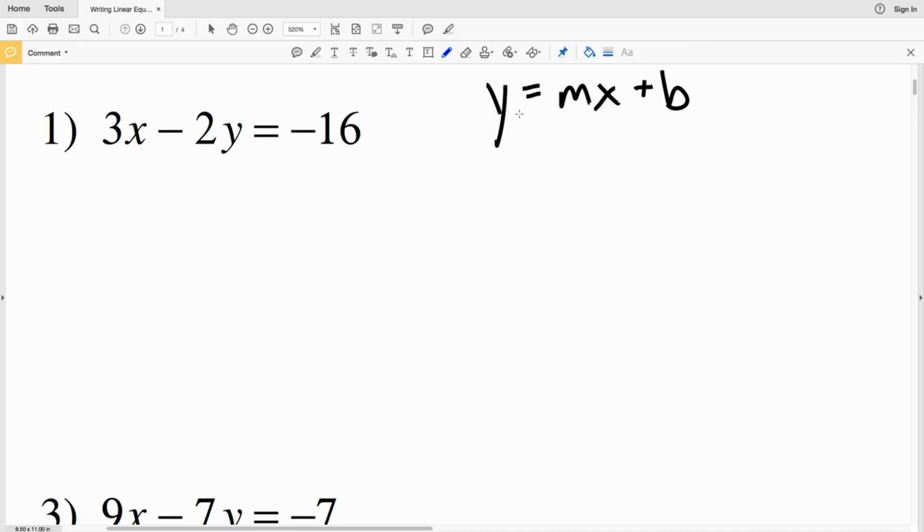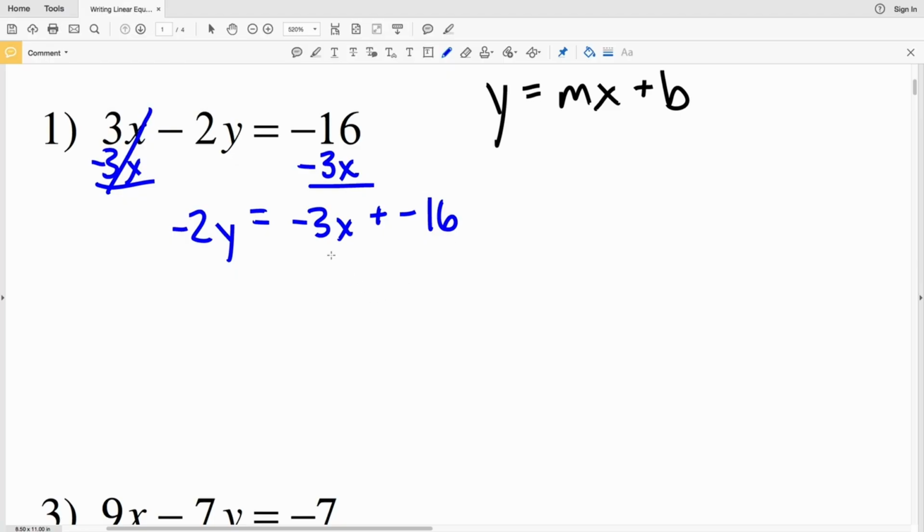We need to isolate the y, so we're going to start by moving the 3x to the other side. When we subtract by 3x, we're left with negative 2y on the left-hand side, and then negative 3x plus a negative 16 on the right-hand side.